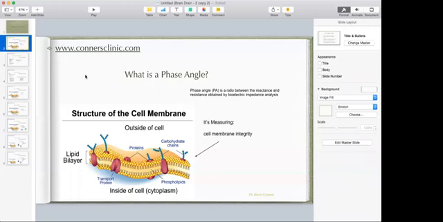Well, a phase angle is a ratio between the reactance and the resistance. Big words that you don't understand when you're talking about what we are measuring, the reactance and the resistance. Well, really two little electrodes are placed on the feet and two on the hands, and this machine puts a little teeny measure of resistance, a little teeny electrode through the skin.